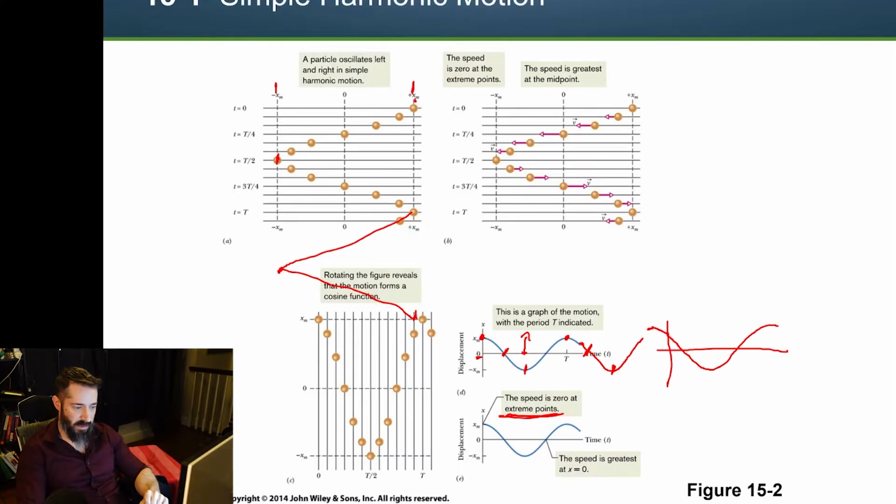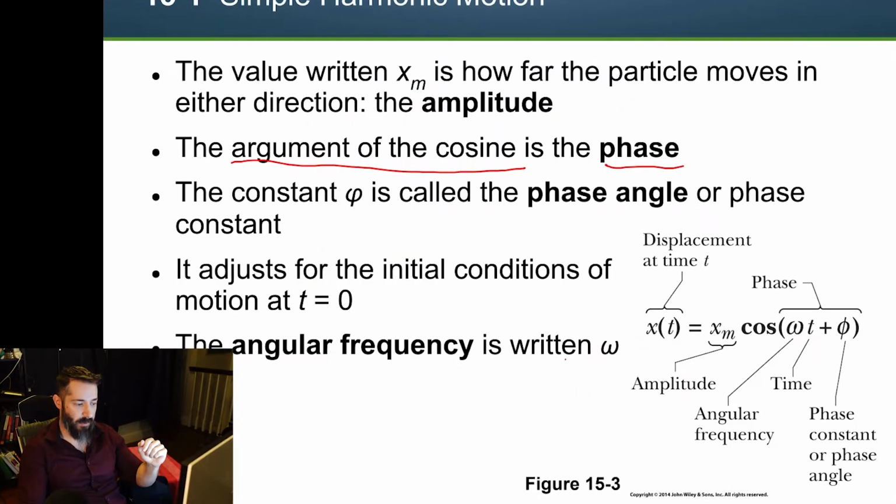But see, the original starting point was here, and now we've shifted it to here. So we've moved the phase angle, now that's measured between them, is now changed. This is essentially what changing the phase angle is. If you end up taking 181, you'll use what's called an oscilloscope, which measures electrical currents and voltage, and it will display it on the screen in the form of a sine wave.